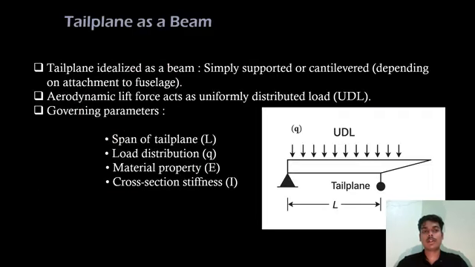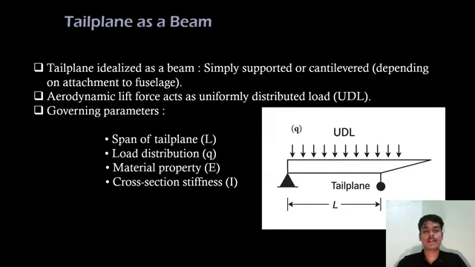Now consider the tailplane. The tailplane is idealized as a beam, simply supported or cantilever. Simply supported means it is just placed on two supports, and cantilever means it is fixed at one end.